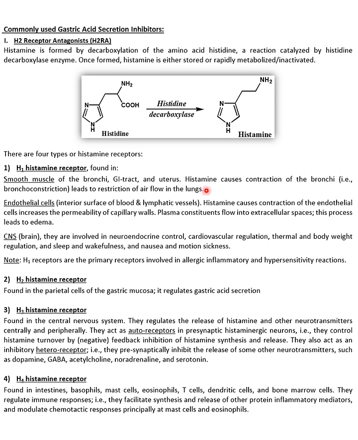So based on what I said so far, you can imagine the ways we could prevent histamine action. One way would be preventing the synthesis of histamine by inhibiting this enzyme. There are a couple of drugs available, but they are not commonly used.